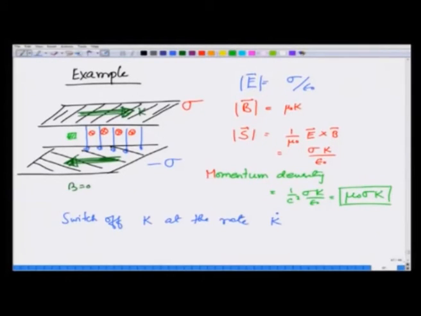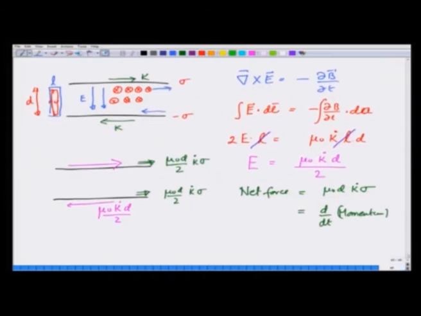We saw in the previous slide that the momentum density was mu 0 sigma k. Net momentum content per unit area, this volume per unit area, is going to be mu 0 sigma k, area is unity and the height is d, mu 0 sigma k d.